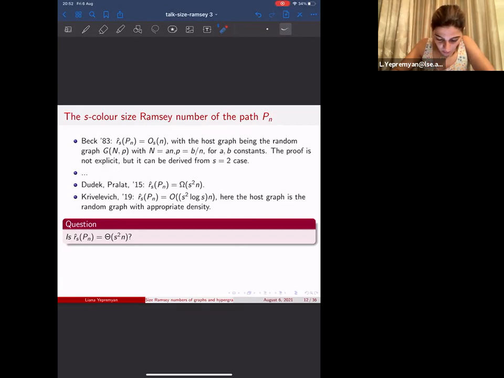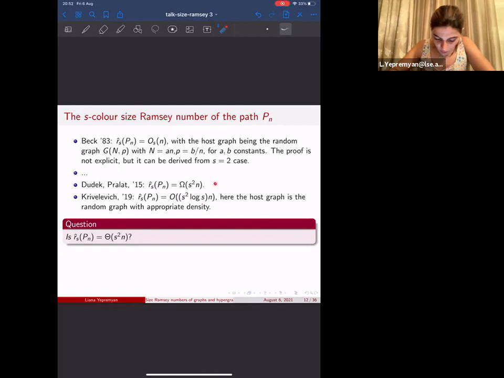What's known about paths in general for any s? The best lower bound known is by Dudek and Prałat, who showed that the s-color size Ramsey number of Pn is Omega of s squared n. And the upper bound is by Krivelevich, who proved that an upper bound of s squared log s times n holds.